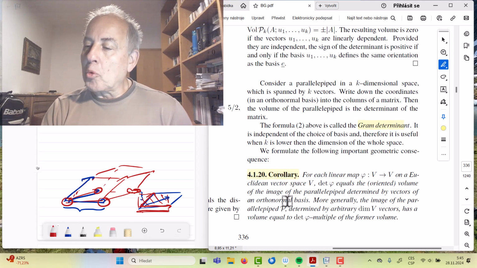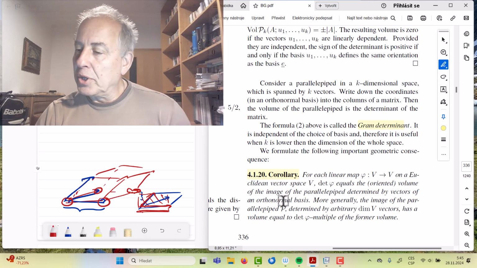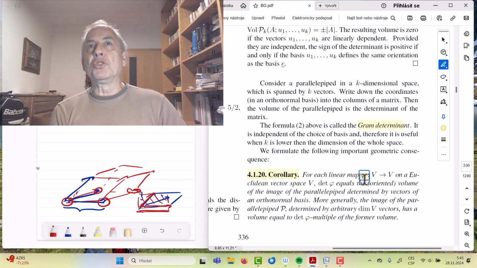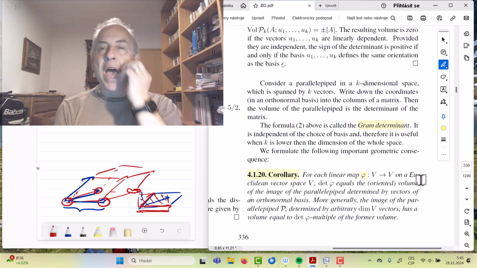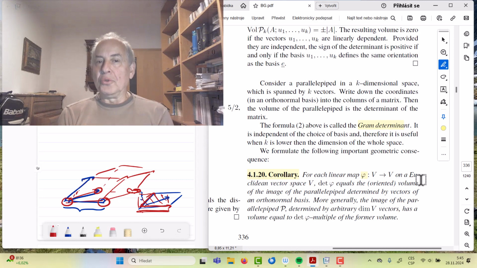The really important, I think, is the corollary, right? Because what does it mean? So for each linear map on a Euclidean space, the determinant of the map doesn't depend on the choice of coordinates. Even you don't have to use any metric for that, right? So it could be any basis you choose.